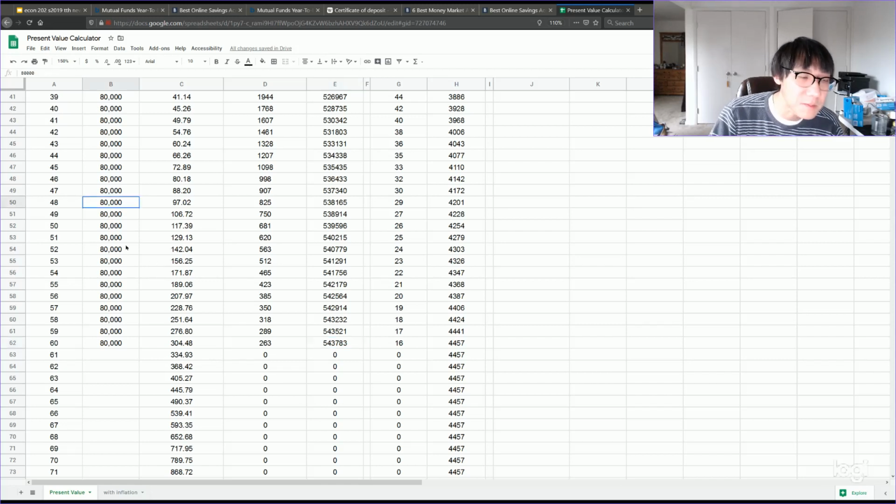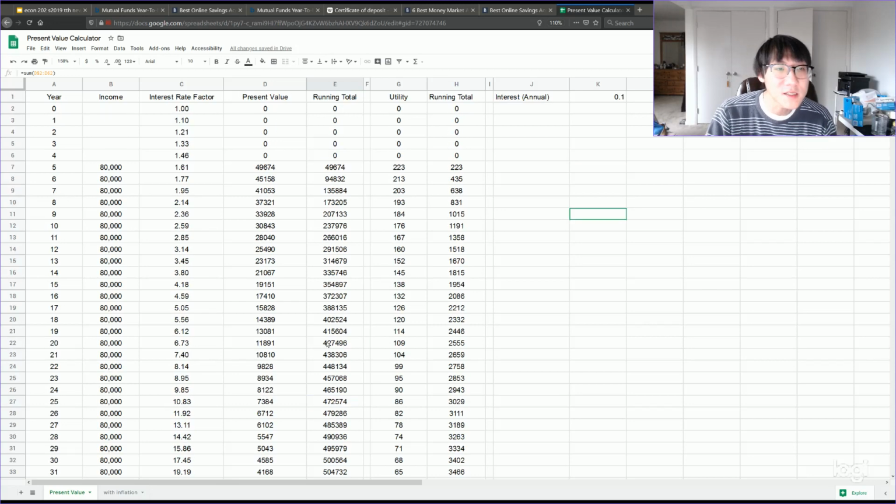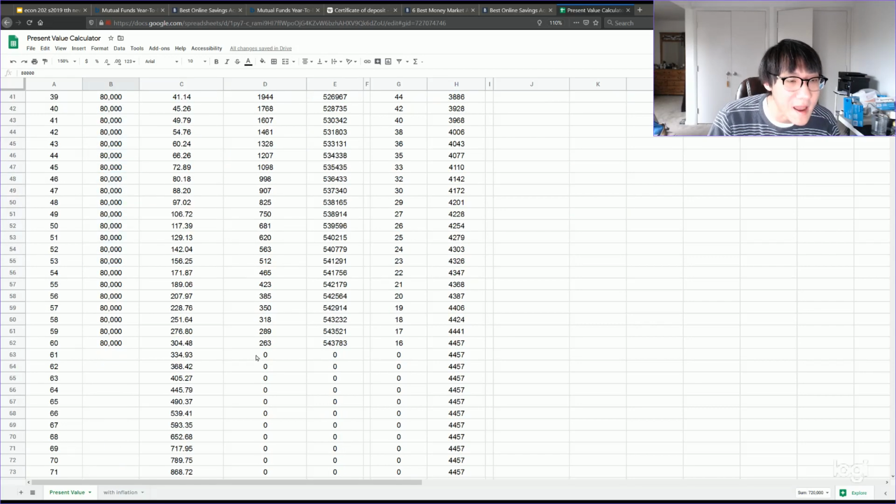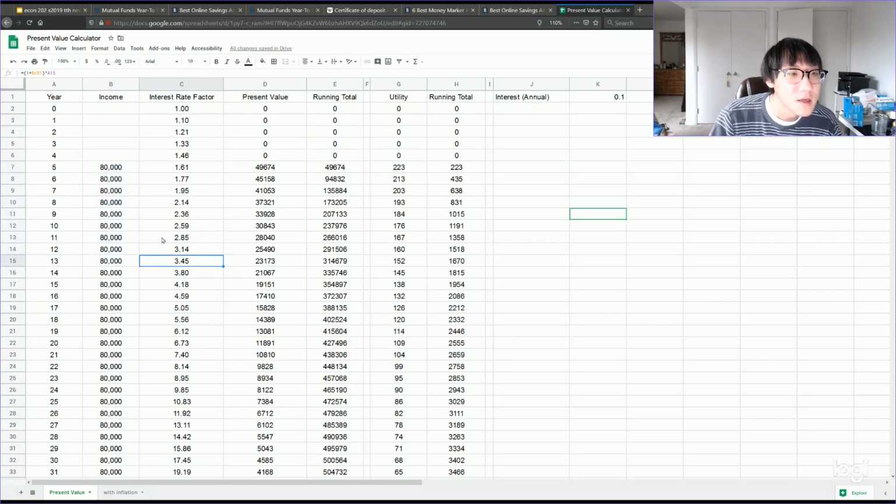But maybe it's not as much greater as you would have thought, right? Because you're being paid twice the amount each year, but your present value certainly isn't twice as much. Why is that? Remember that the present value of a given number diminishes rapidly in time. These years where we lost those $40,000 we could have been making were very close to the present, so their present value wasn't very diminished.